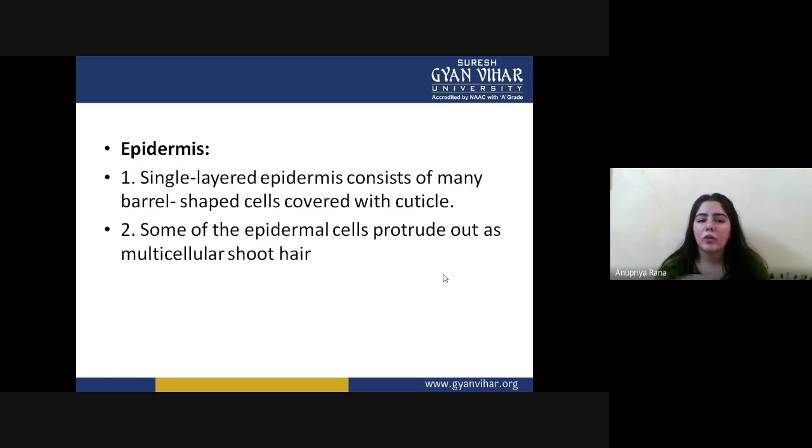Some of the epidermal cells protrude out as multicellular hairs. Not all the epidermal cells, only some of them, can be converted into multicellular hairs.